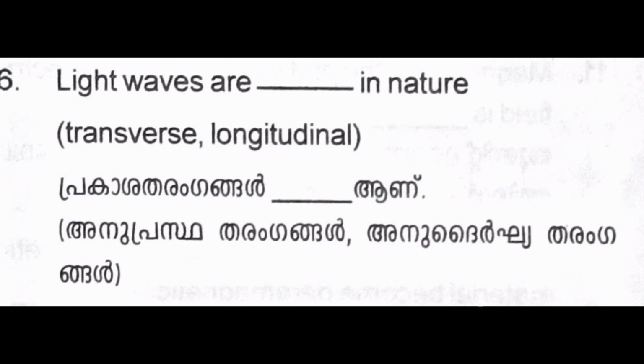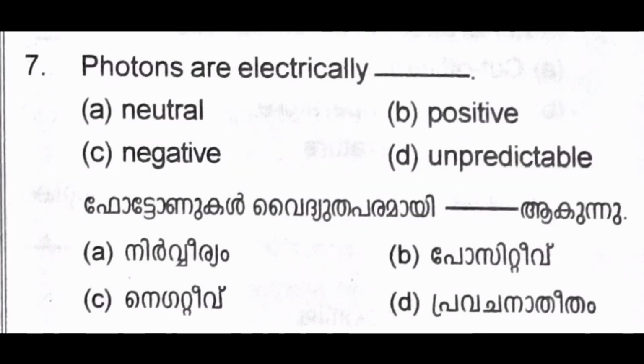Now question number 6. Light waves are dash in nature. The options are transverse or longitudinal. What is the nature of light waves? Yes, the light waves are transverse in nature.